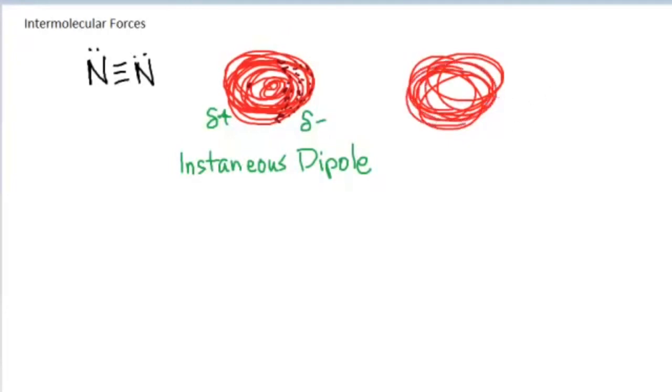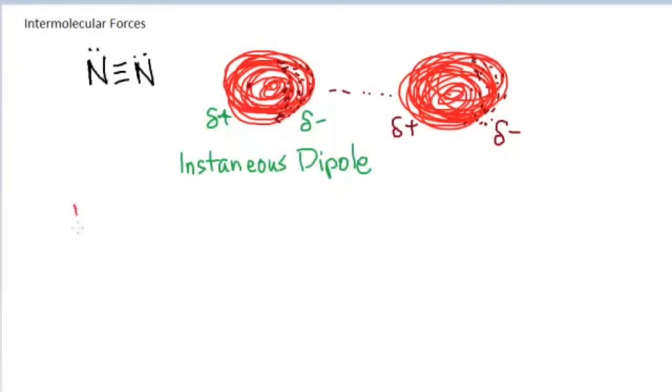So we've got a bunch of molecules of nitrogen, and at any given instant, one of them might show this instantaneous dipole moment, which is going to influence neighboring molecules. So this neighboring molecule might see this partial negative charge, and then an instantaneous dipole moment would be produced on it, based on the attraction to the neighboring molecule. So at any given instant, we see these attractions happening.